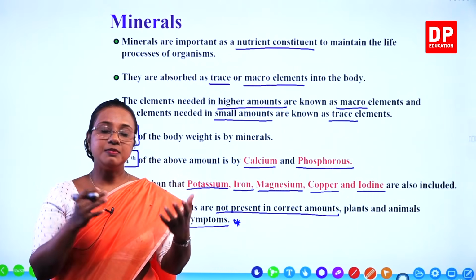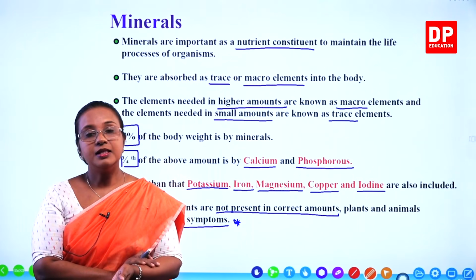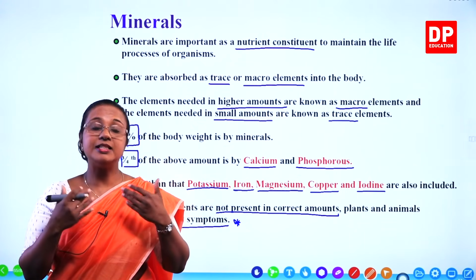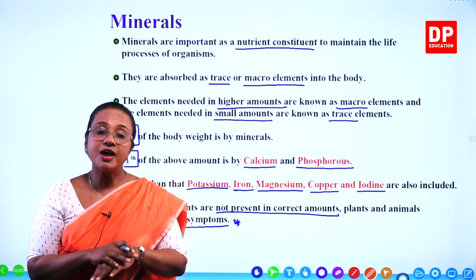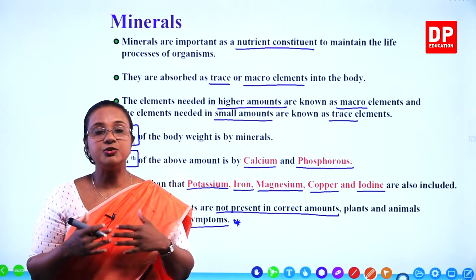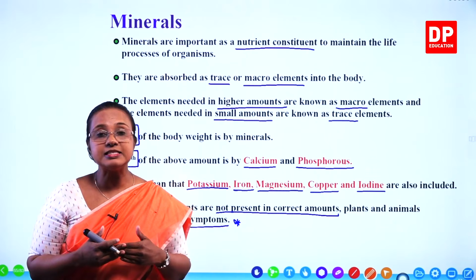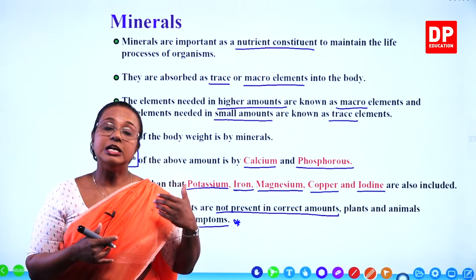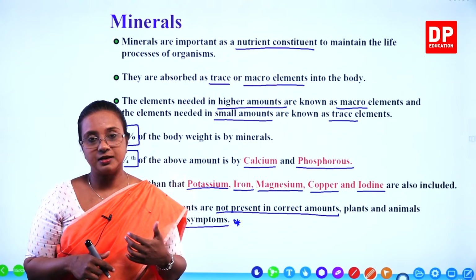Say if the skin becomes pale in color, then that can become a deficiency symptom. You see the difference in the color, dryness in the skin, that is a symptom. So what you see from the external body, that is a symptom caused by the deficiency of the mineral.